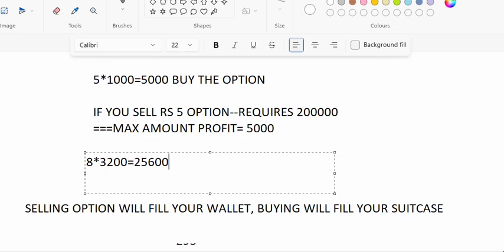To sell that option, it requires a lot of money, around 1 lakh rupees. That's what you need to invest into selling an option.